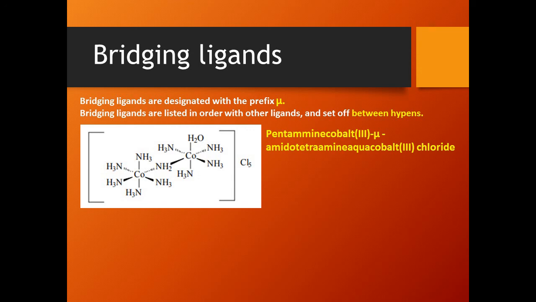Then we use mu to represent that there is a bridging ligand, and the bridging ligand is amine, NH2, and it should be written as amido. So mu-amido, and the next cobalt carries 4 ammonia: tetraammine aqua cobalt(III), space, then chloride. So here is the name, and you should use the prefix mu to designate the bridging ligand.